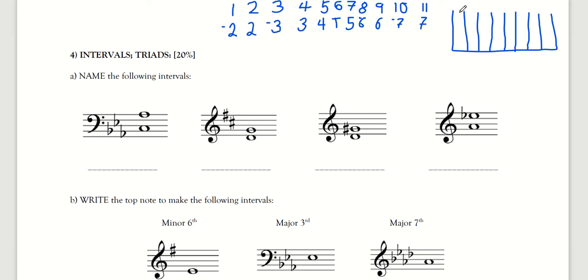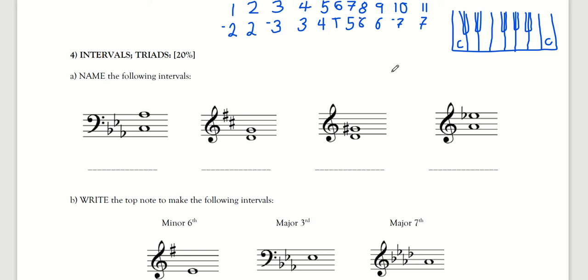Let's add in some reference points with the sharps and flats, leading to C back up here. I'm just going to write C here and C here.